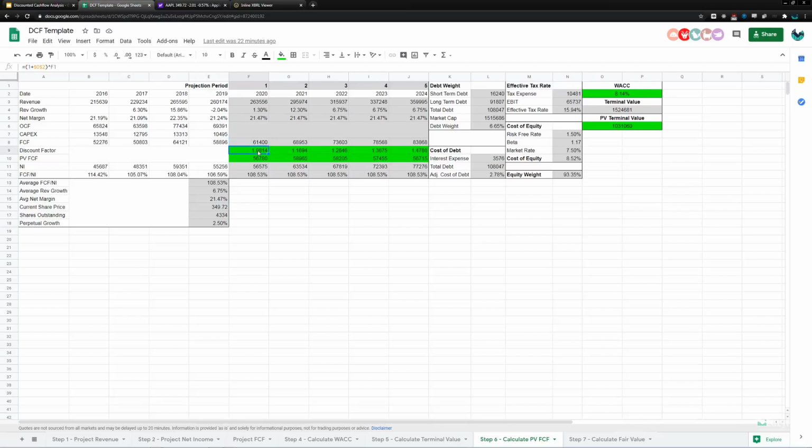So that's why this present value of free cash flow calculation here is 1.0814. We want to divide the projected cash flow by our discount rate, which is just 1 plus the rate raised to whatever period you are in. So in this case, it's just raised to the 1. And that's going to give us the present value of our free cash flow.